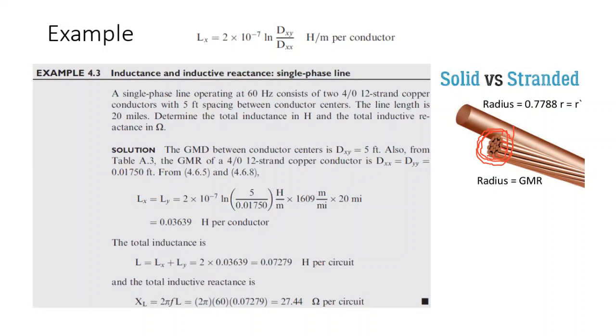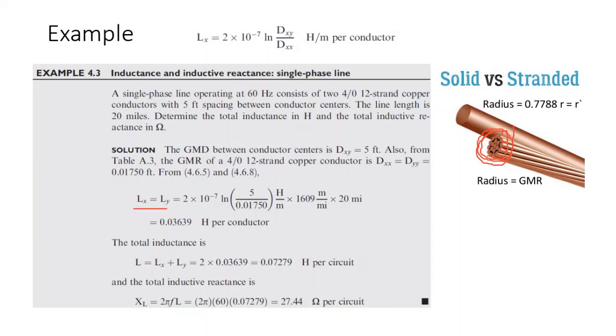Doctor? Yes. In all cases, to find the total inductance, we should multiply by 2 in all cases? To what? To find the L. No, to find the L, you will calculate per conductor, which is this one here, Lx or Ly.